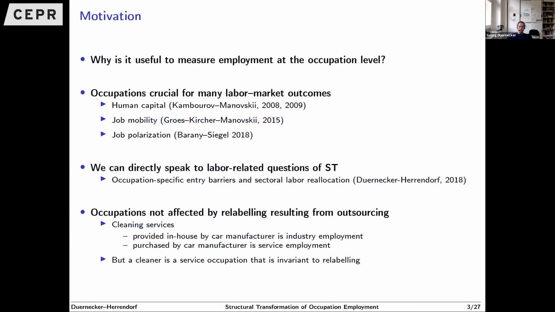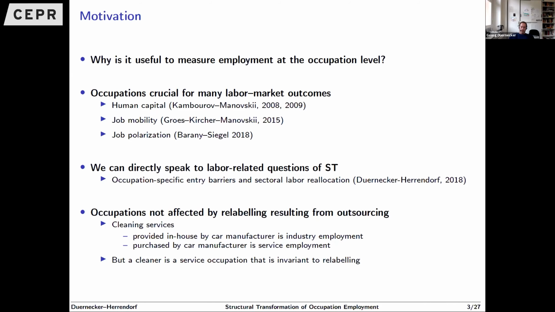Another big advantage is that occupation employment is not affected by relabeling that results from outsourcing. To fix ideas, think of cleaning services. The in-house cleaning services of a car manufacturer, for example, are counted as industry employment.